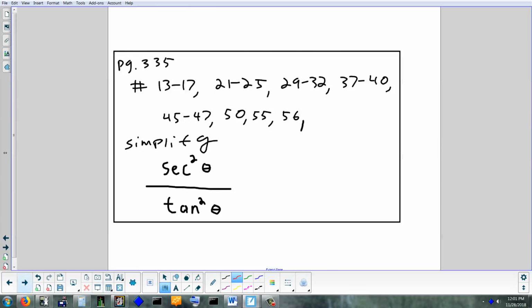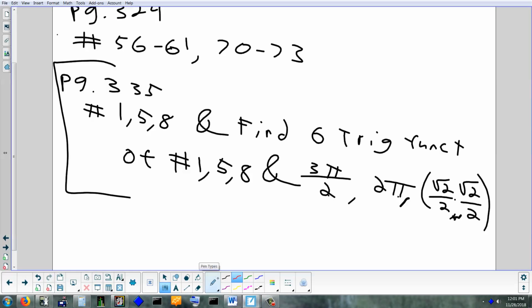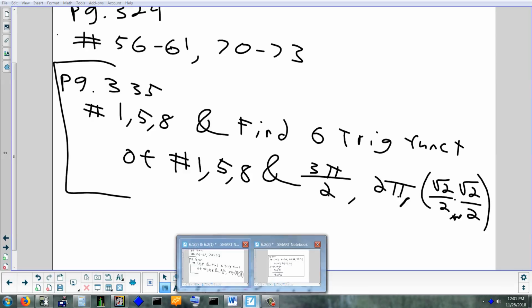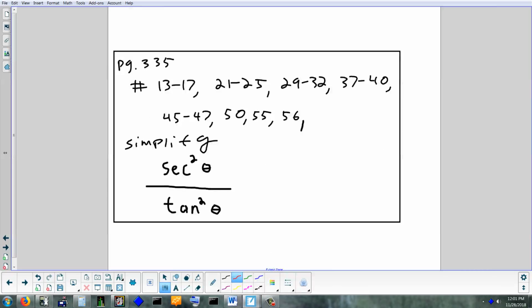So the homework is page 335, the 1, 5, and 8, and the stuff that I gave you yesterday. And don't worry about the simplified. Let's see.